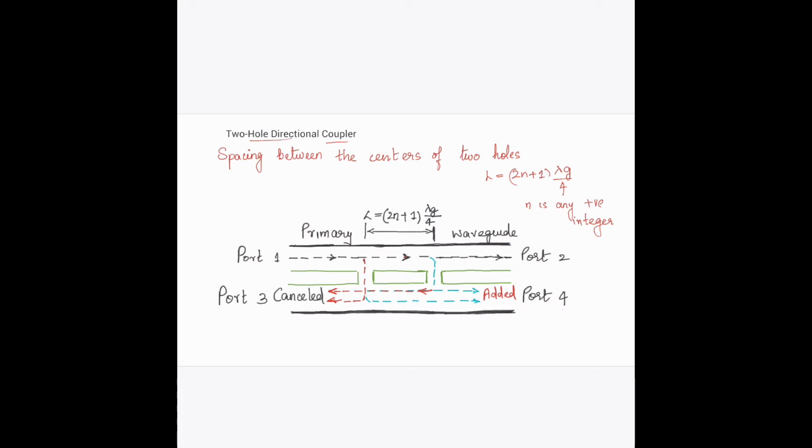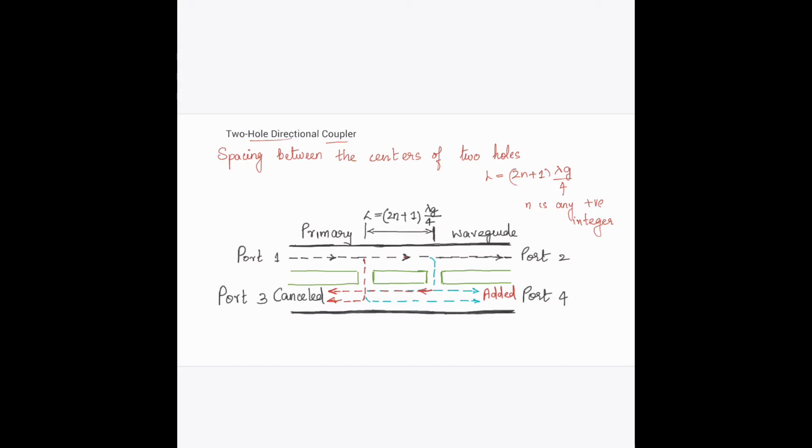The spacing between the centers of the two holes is given by an odd number multiplied by the quarter guided wavelength. So L is equal to (2n plus 1) times lambda g by 4, where n is any positive integer. This helps in reducing the reflections between the ports.